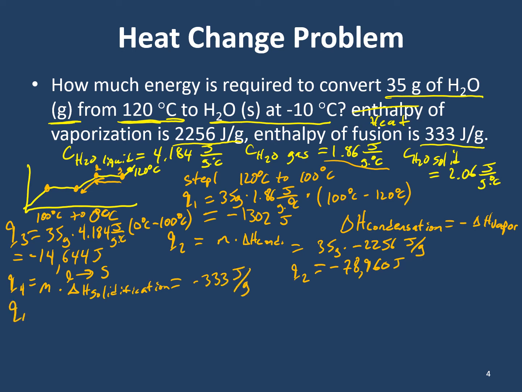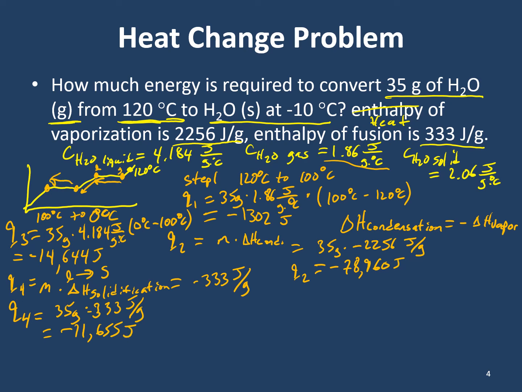So Q4 then is going to be equal to 35 grams times negative 333 joules per gram. This will give me negative 11,655 joules of energy.